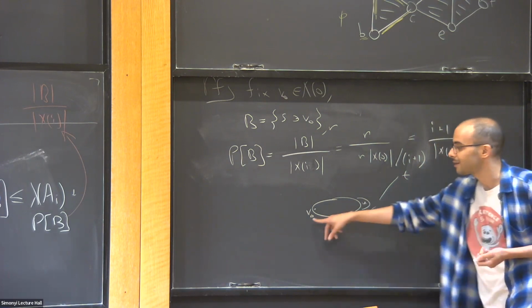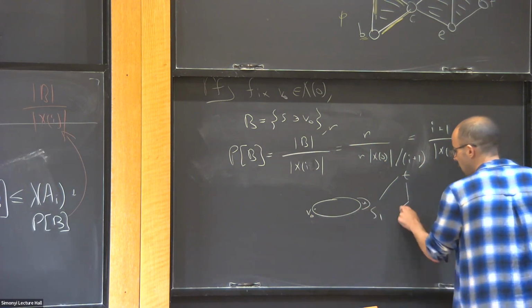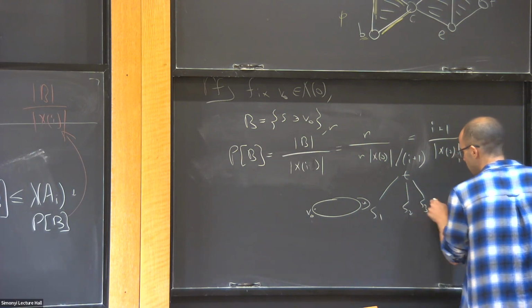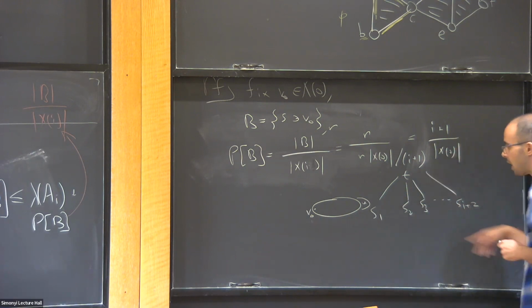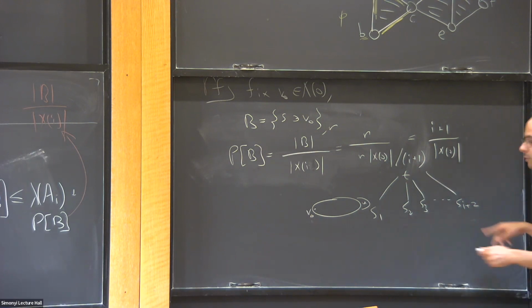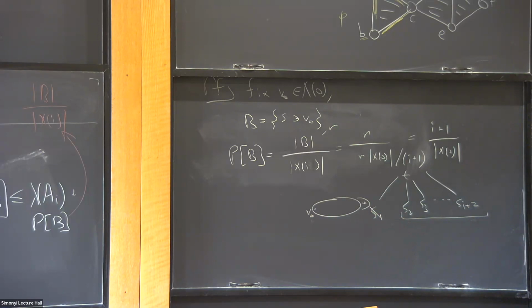So I haven't lost this vertex V0, so I'm still containing it. And now I have a bunch of options where to go. So there are I plus 2 sets that I can go down to. Of course, I'm non-lazy, I can't go back down to S1, so I have I plus 1 sets. But note that the probability of losing this V0 is only 1 over I plus 1. There is only one set, which is T without V0, that doesn't have V0.